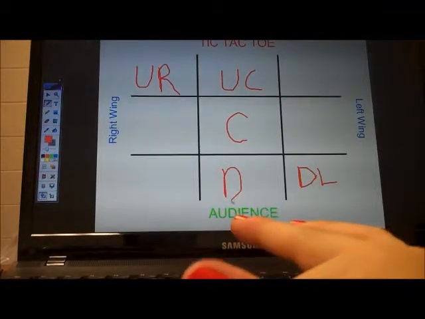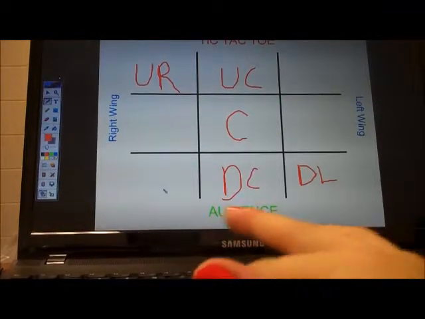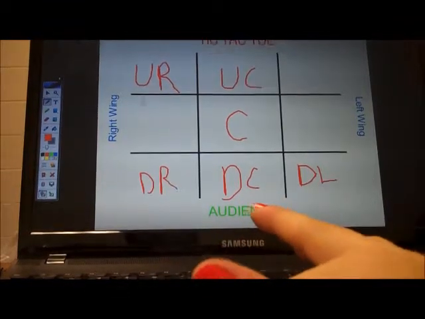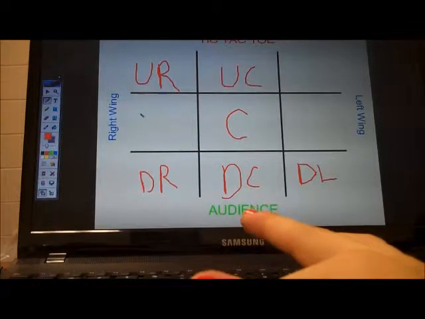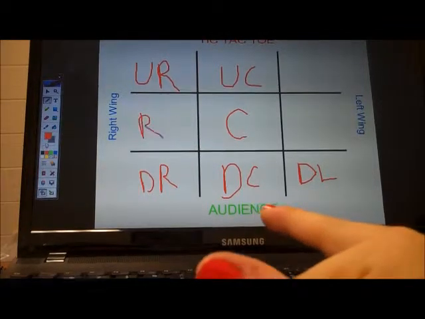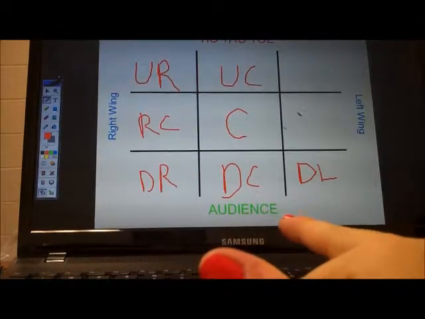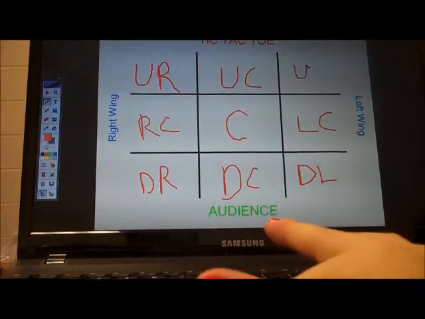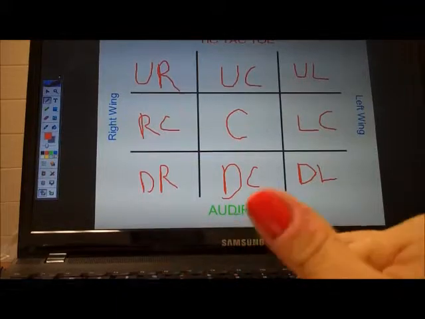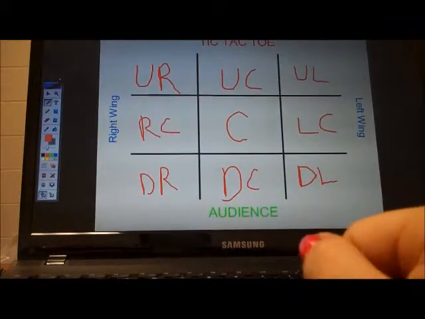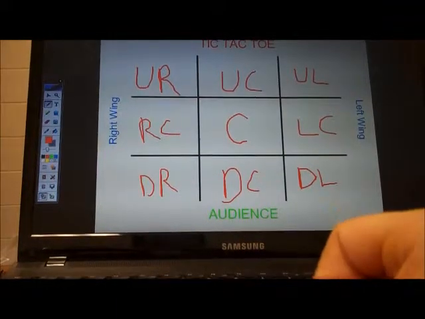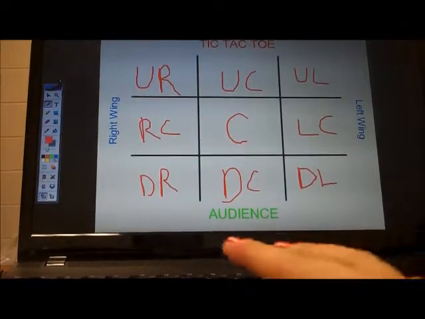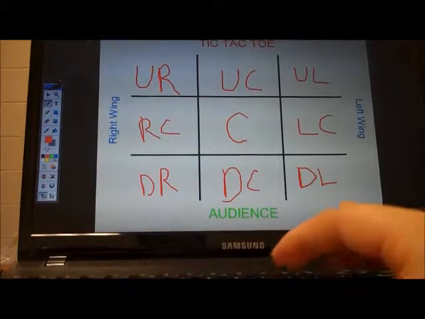This would be down, center, down, right, right, center, left, center, up, stage, left. So all of these would get filled in by the students. They would walk up and do that, and they would use all of the index cards, and everything would be used with the random student selector.